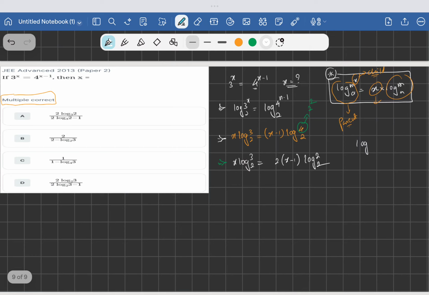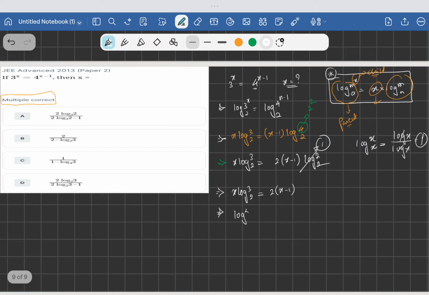And another property is that log x base x is log x by log x, which cancels and gives the answer 1. So this will be 1. So x log 3 base 2 equals 2 into x minus 1.